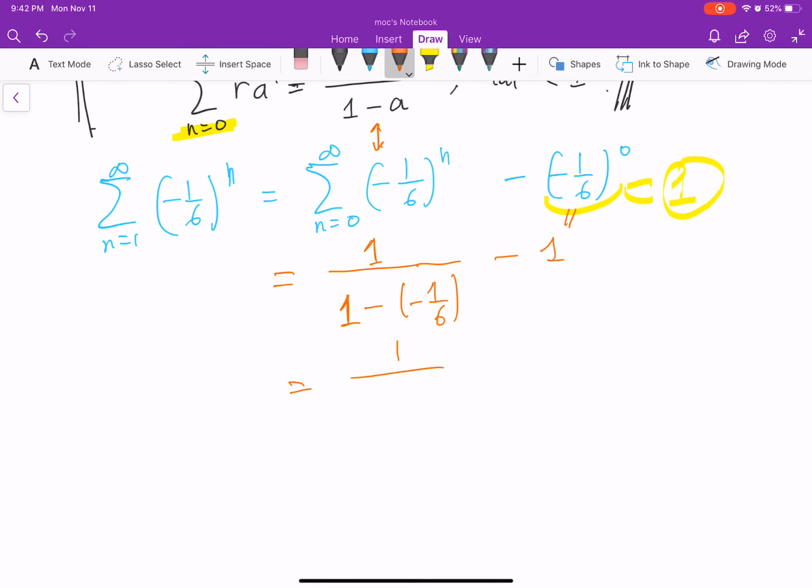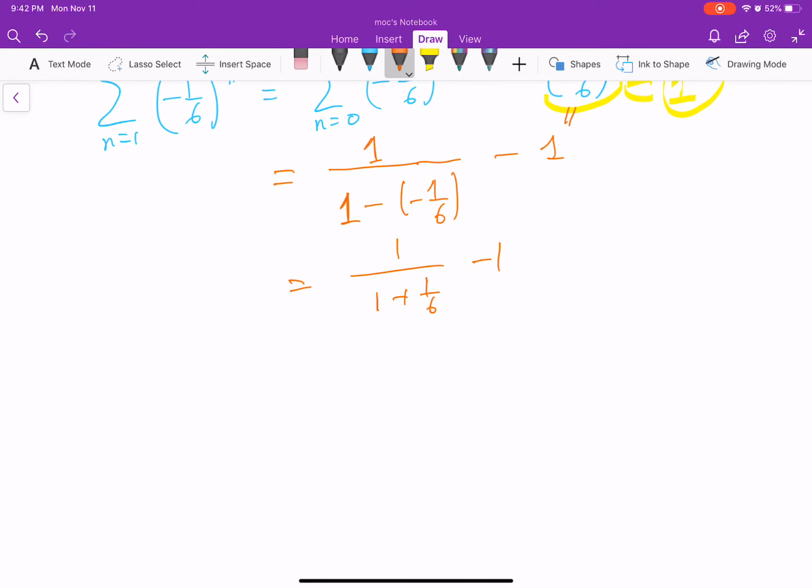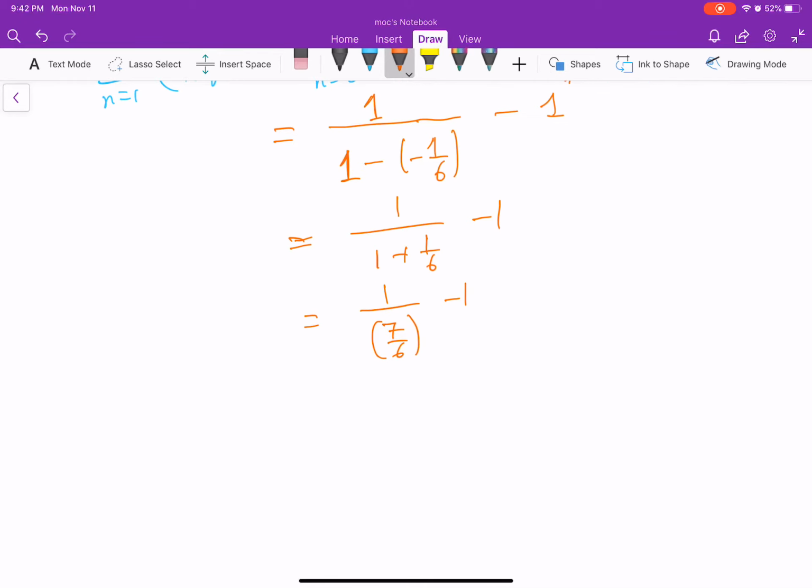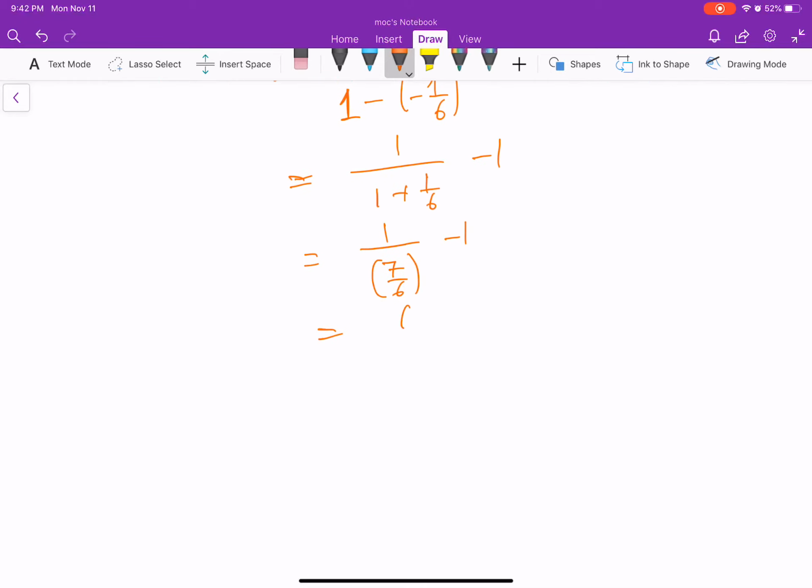Here I have 1 over 1 plus 1/6, minus 1, which is 1 over 7/6 minus 1. Then I flip this, I get 6/7 minus 1, which is negative 1/7. So our series sum is negative 1/7.